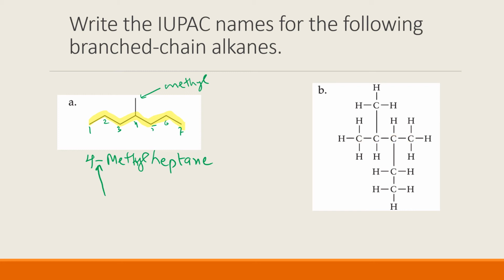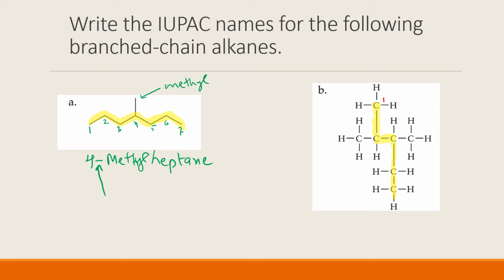There is another longest chain, starting from the top, going this way, and then going down. So this is the continuous longest chain, and if you count, it has 5 carbons. And the numbering will start from the top because counting from the top gives the smallest number to our first substituent.